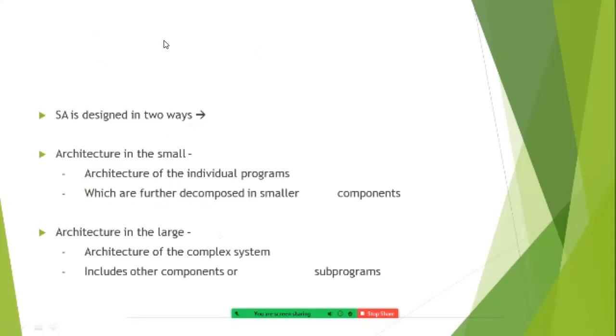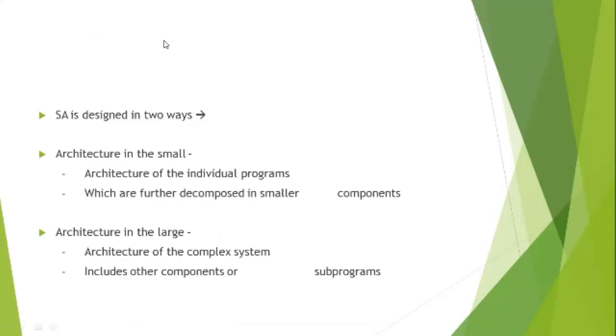Software architecture is designed in two ways. First, architecture in the small, in which the architecture of individual programs is further decomposed into smaller components.